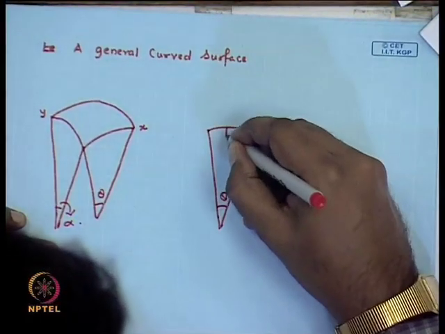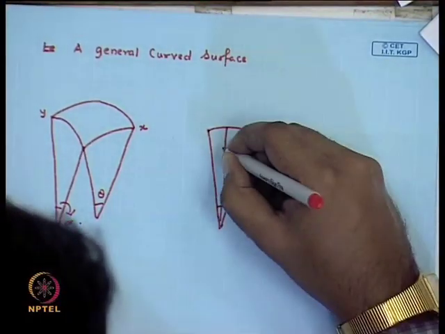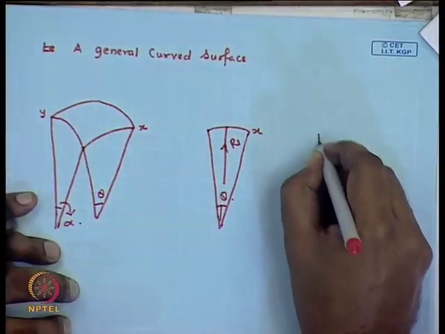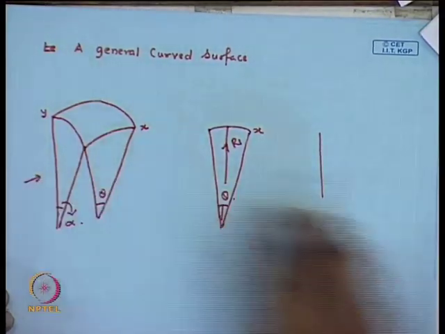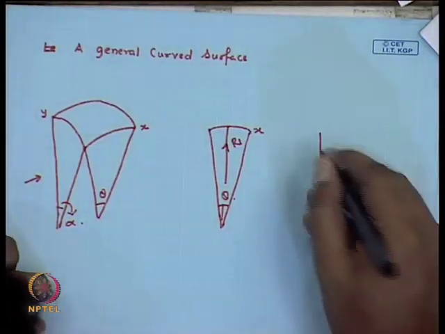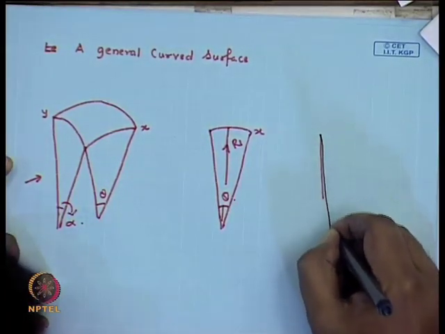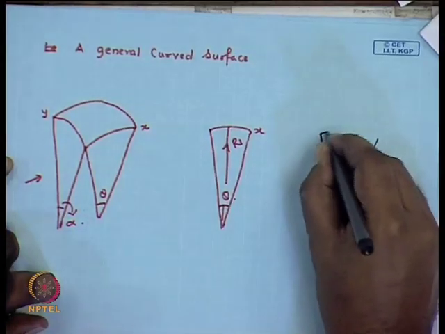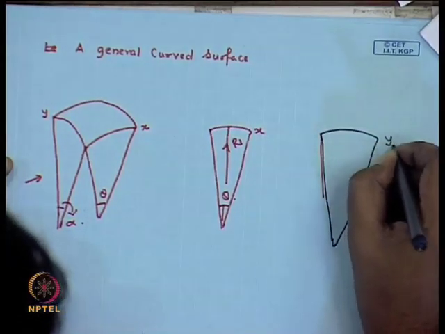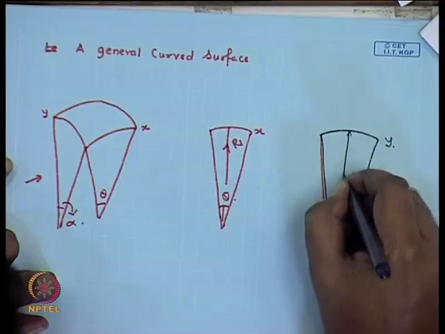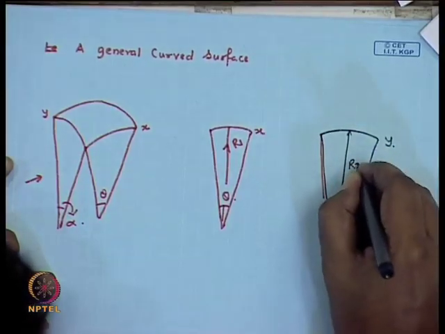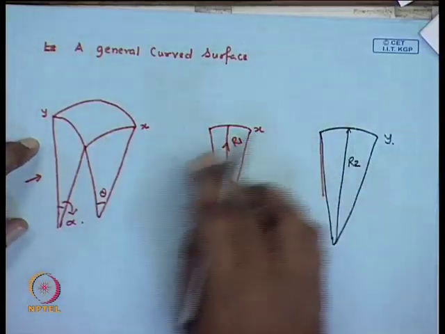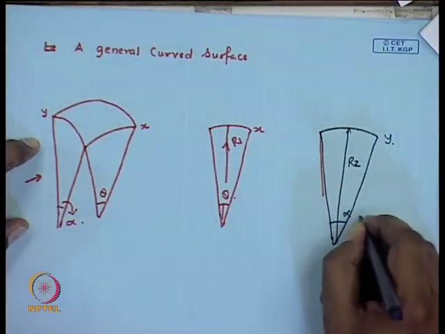So, this is the radius r1, and from this particular side if you view now, you have y and this radius is r2. So, you have defined a surface in terms of two curvatures r1 and r2.